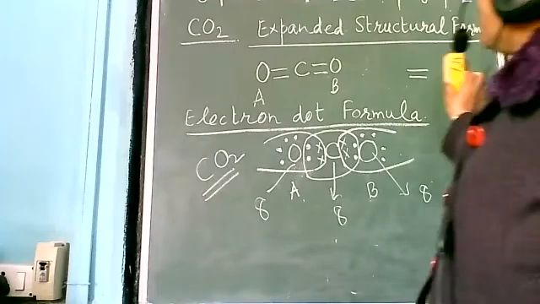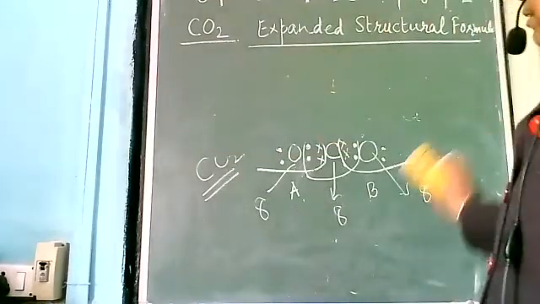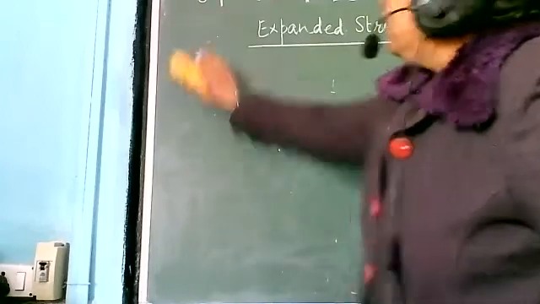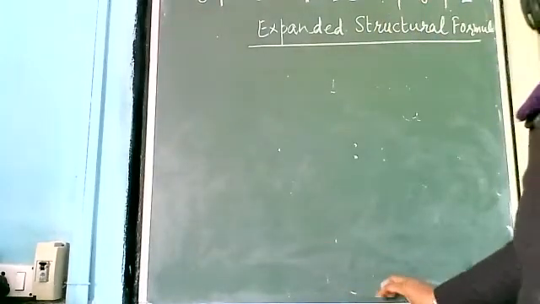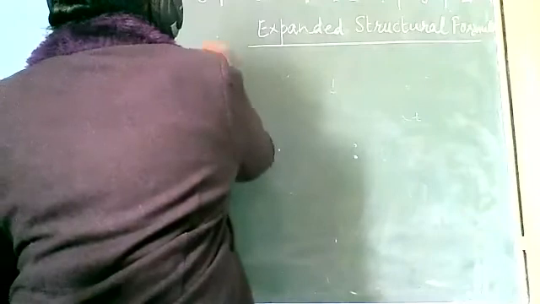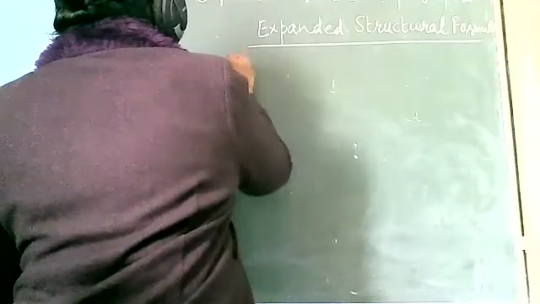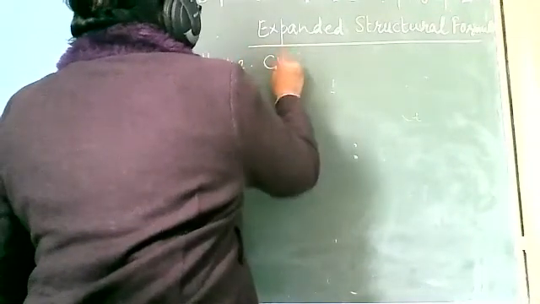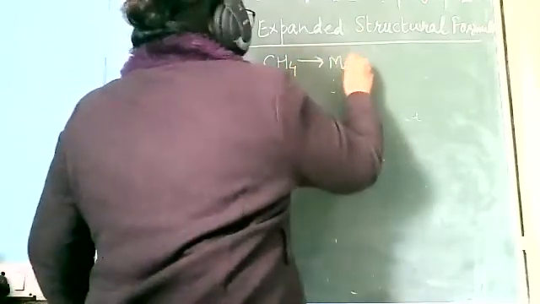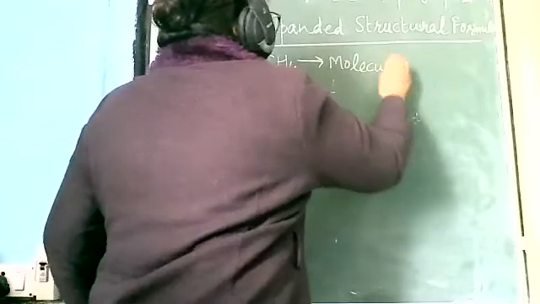I am giving some expanded structural formulas of single covalent bonds. You have to do this in your homework. So suppose I have methane. What is the molecular formula of methane? This is CH4.